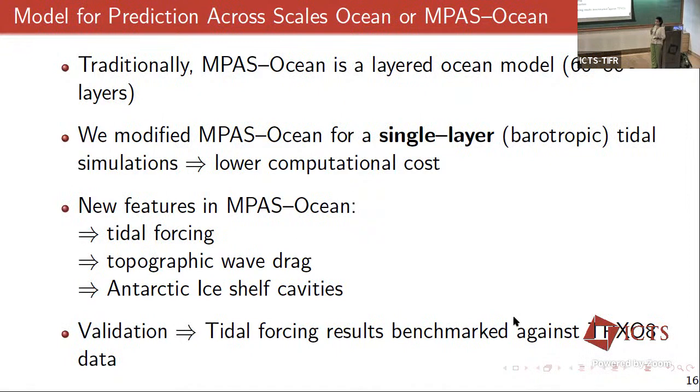A single layer model is still hydrostatic, still Boussinesq, still shallow ocean or shallow water. With lower computational cost, we can probe more horizontal resolutions without worrying about increasing the computational cost. These features I will talk about later. We have included some more processes, including tidal forcing.